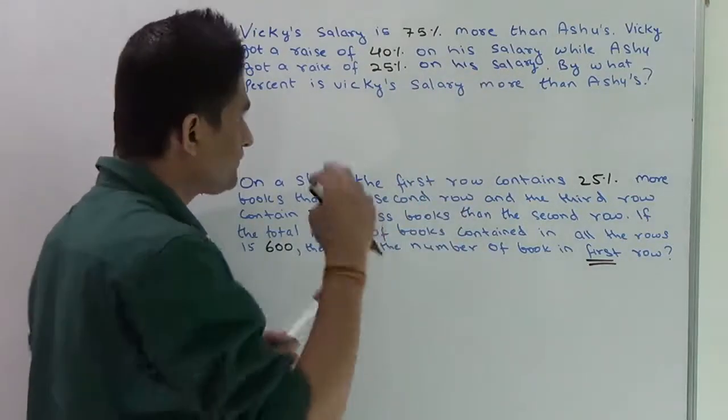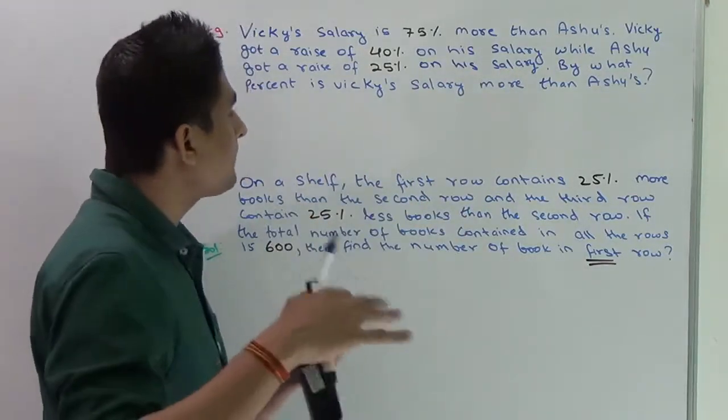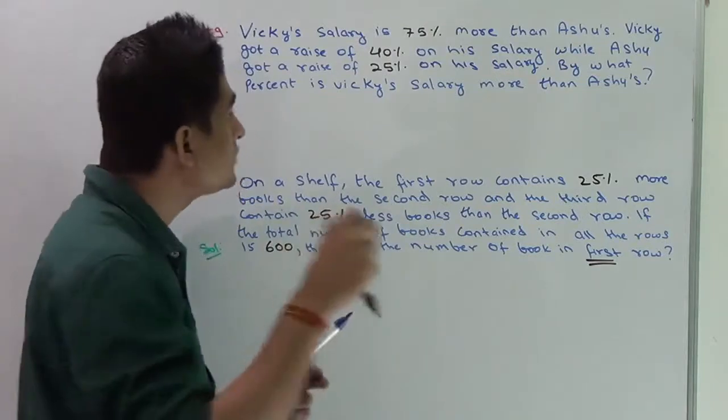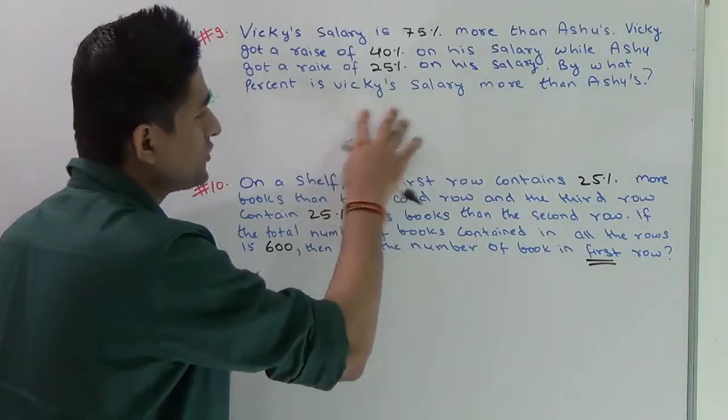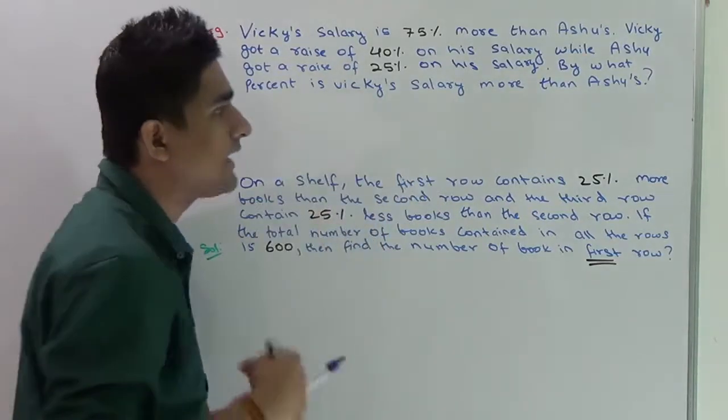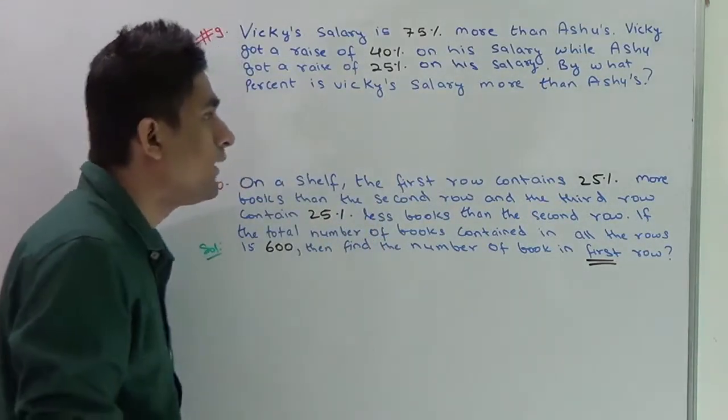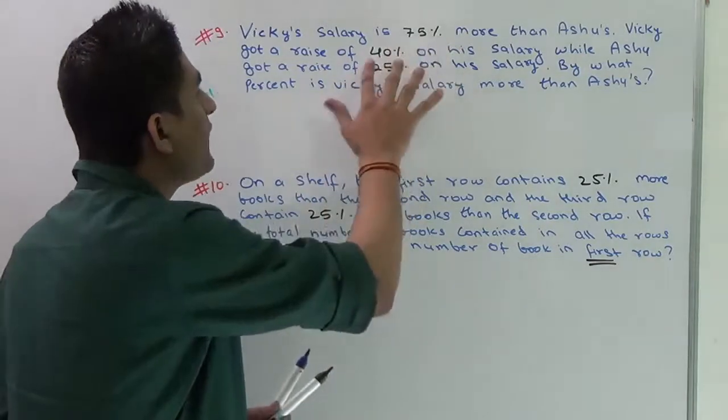Now the question asks by what percent the new salaries of Vicky and Ashu are related. Or you can say the question is: by what percent is Vicky's salary more than that of Ashu's. In this question there is no fixed value given.